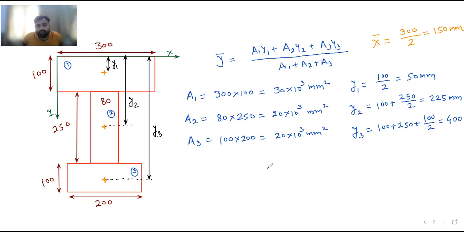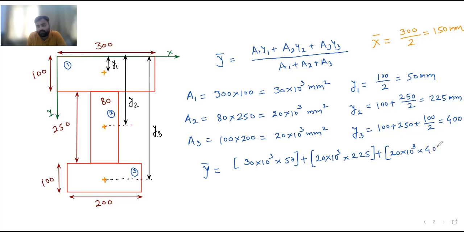Now put all these values in the equation above so that we will get the value of y bar. So here y bar is equal to, in the first bracket, 30 into 10 raised to 3 into y1, it is 50, plus 20 into 10 raised to 3 into y2, 225, plus 20 into 10 raised to 3 into y3, 400, and the whole divided by A1 plus A2 plus A3.